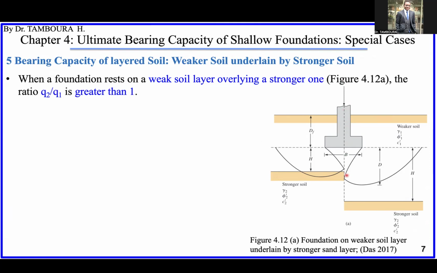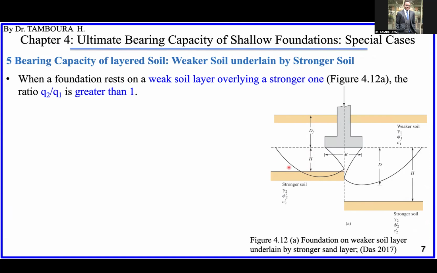So take it case by case. The left one is when H, the thickness of the upper layer, is not big enough to contain the failure. So the failure surface is crossing the border between the two soil layers.